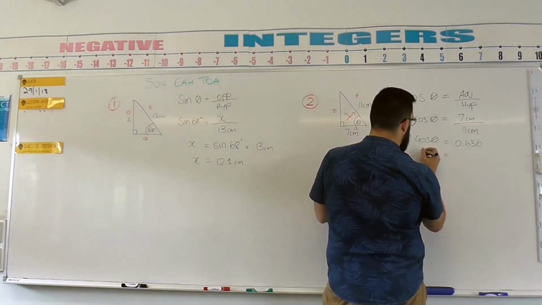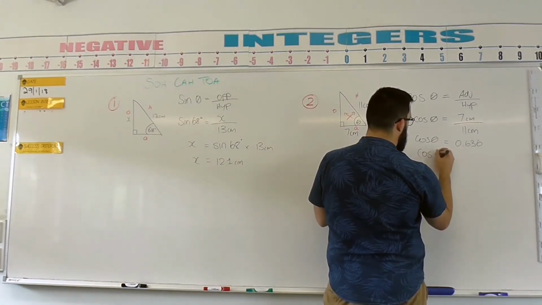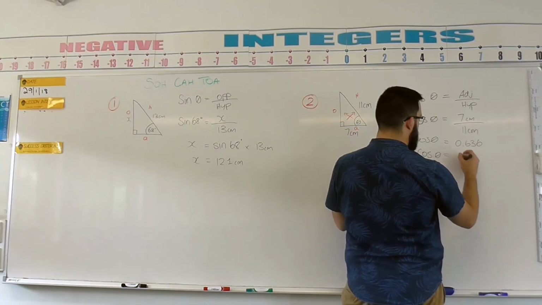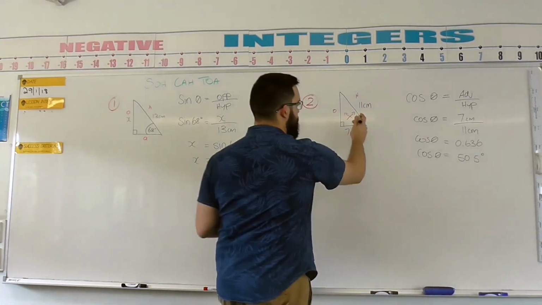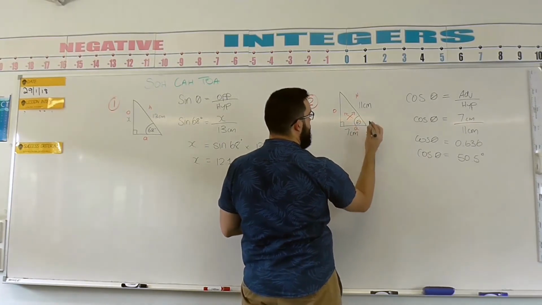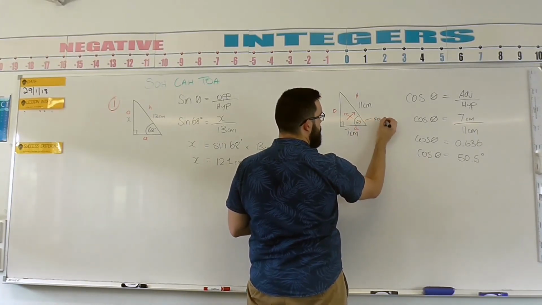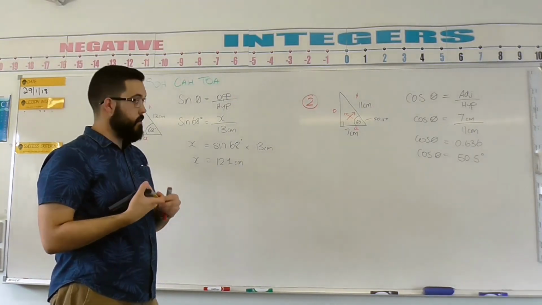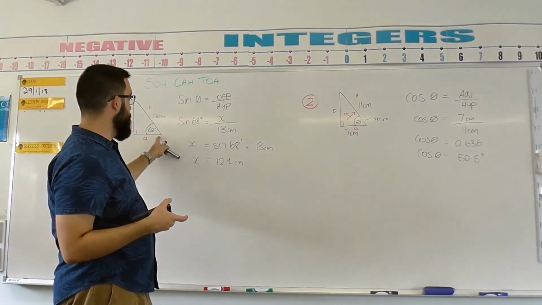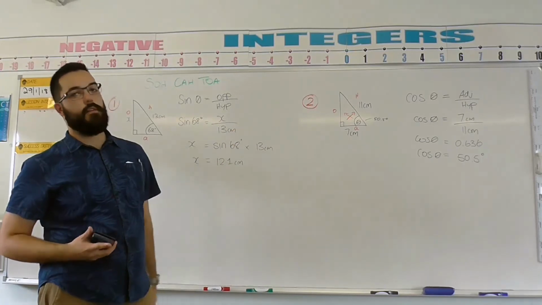So we know this angle in here is now going to be 50.5 degrees. And that is how you use trigonometry to find a missing length and also an angle.